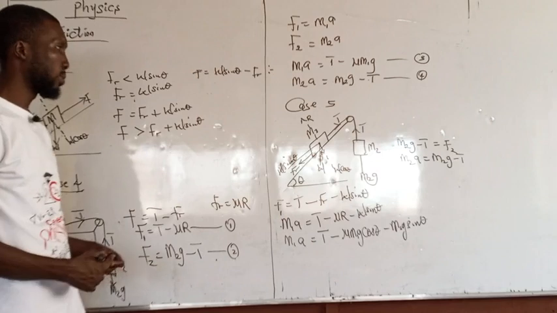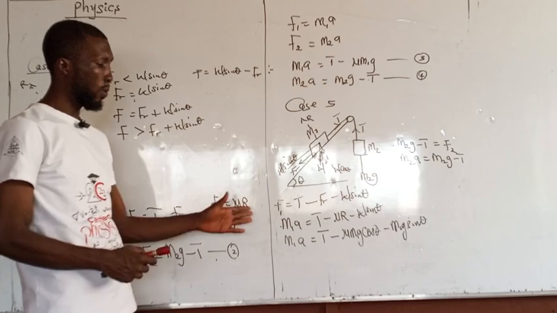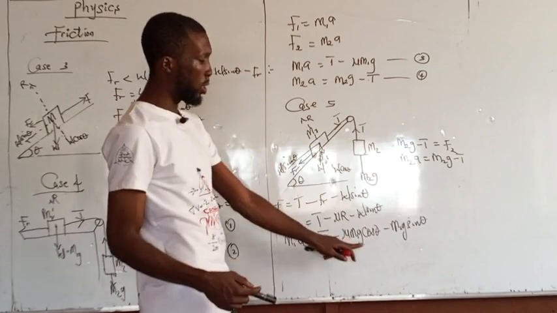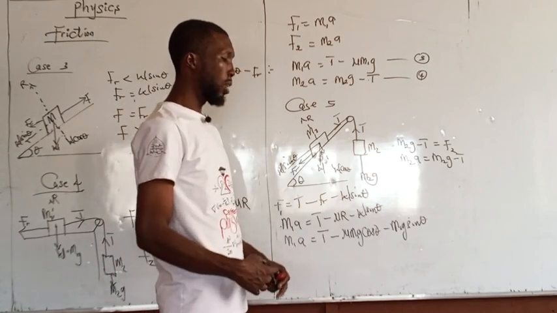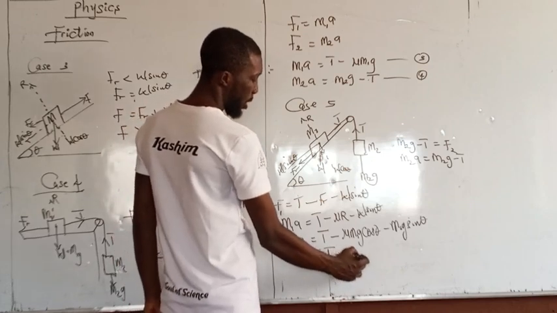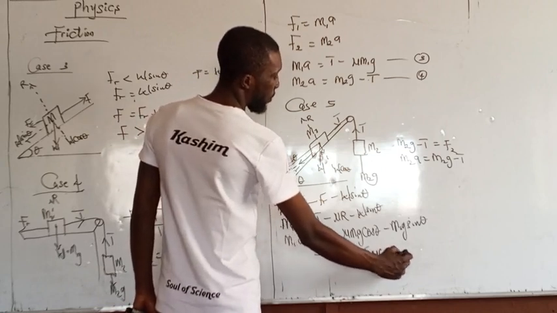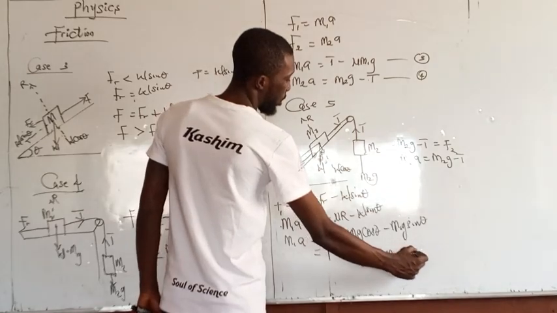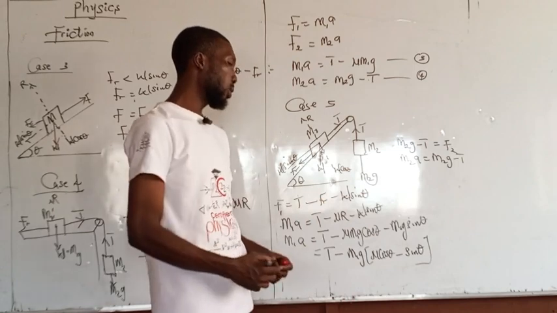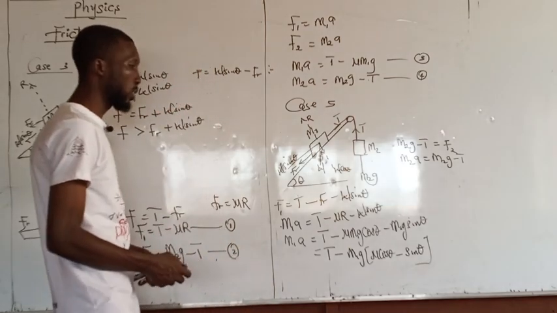It's a bit of a change. Yes. This is the net force. So at the end of the day, you can factorize, do your mathematics, M1G is common, factor it out, and you will be left with something like this: T minus M1G into coefficient of friction cos theta minus sine theta. So if the coefficient of friction is not given, then we decide to use tan theta to find our coefficient of friction.